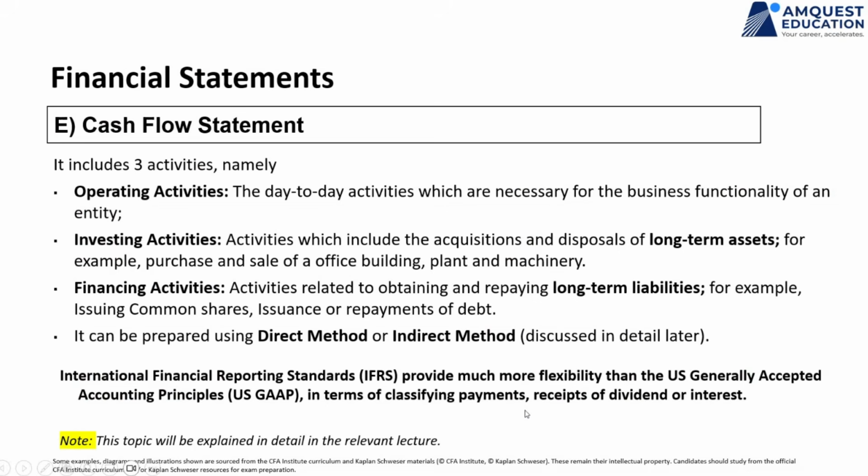Now, the idea is whenever you're doing a cash flow statement, what are these three activities talking about? These three activities are for different purposes. Operating activity talks about the core operations of the business, right? Day-to-day activities which are necessary for the business functionality.